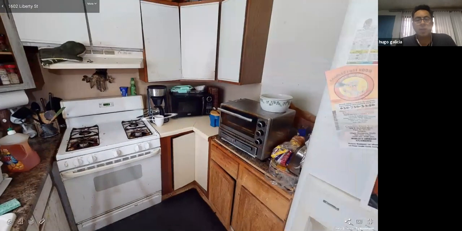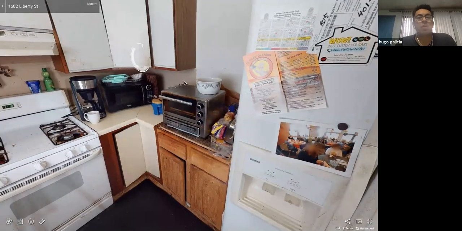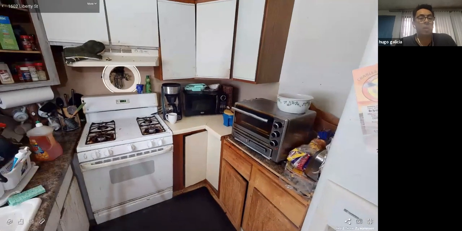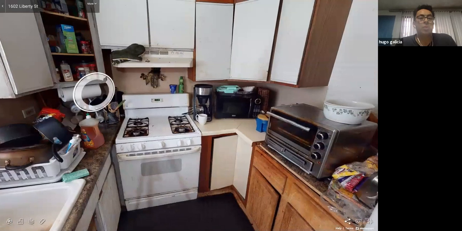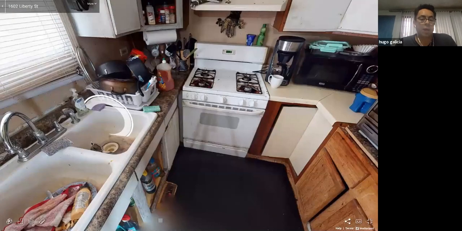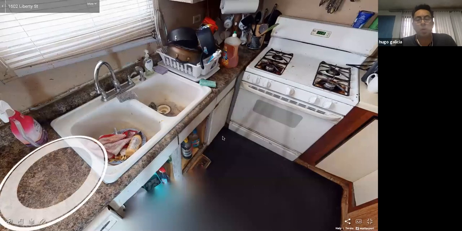As you can see here, I mean, look at the cabinets. I mean, these are really old. I don't think we can resurface these cabinets. These look very dated, okay? So my recommendation is to, and then look at the kitchen sink. This all needs to go. The countertop, this is wood, okay?